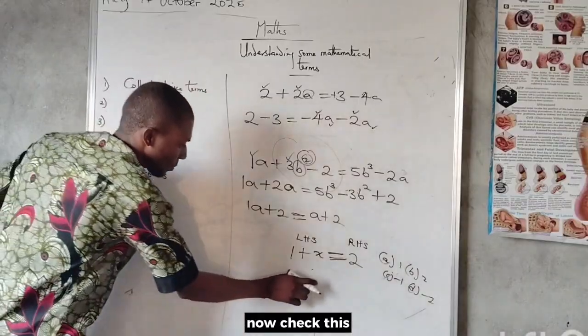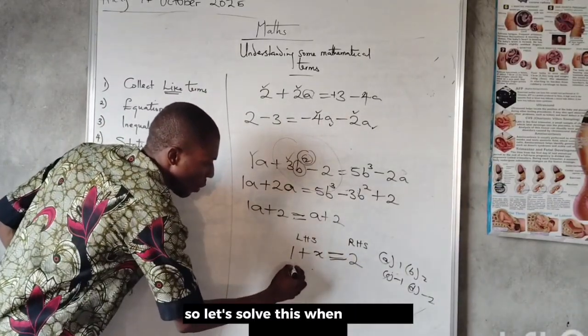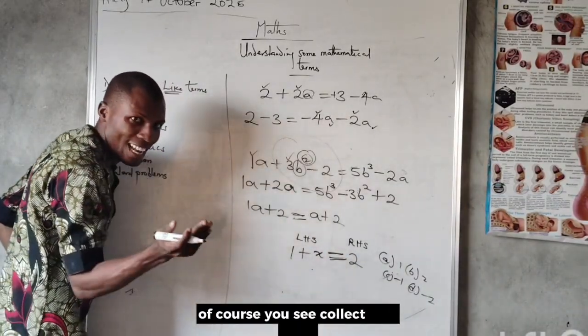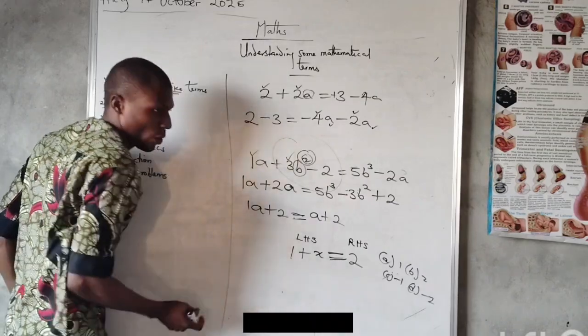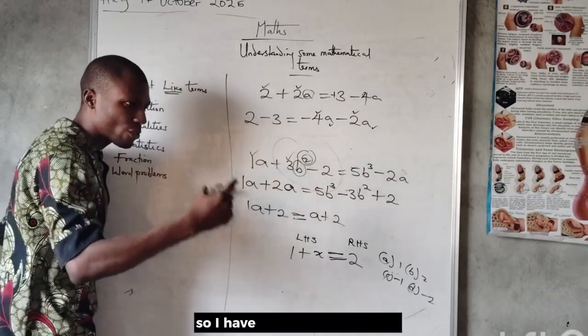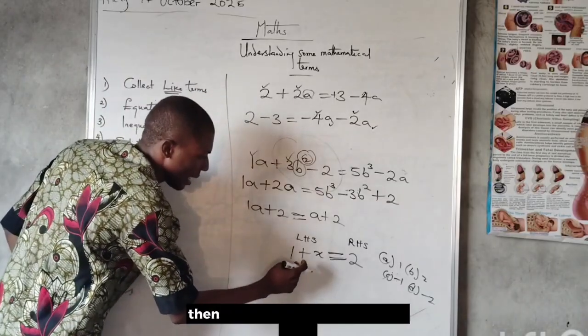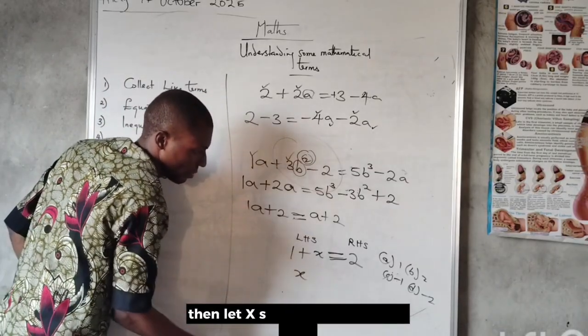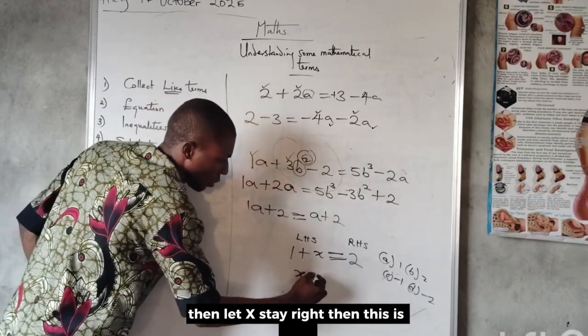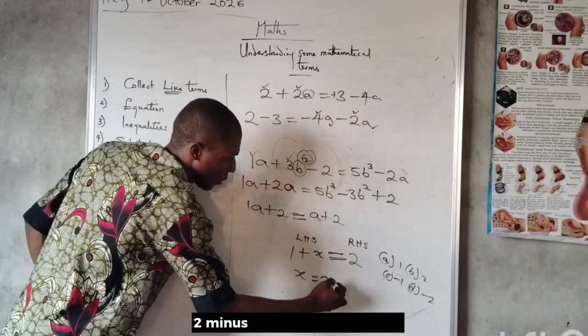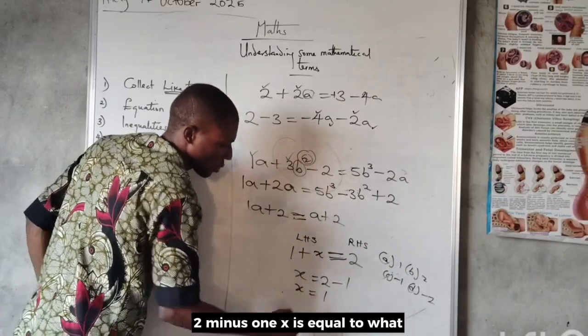Now check this. Let's solve this. When you have something like this, of course, you see, collect like terms. You know why? You cannot add them. So I have to go and collect the ones I can add. So you now say, okay, then let s stay, right? Then this is what? 2 minus 1. x is equal to what? 1.